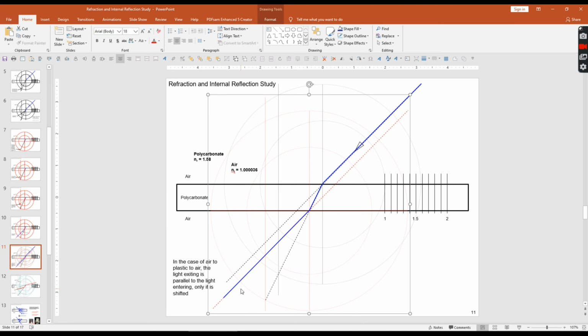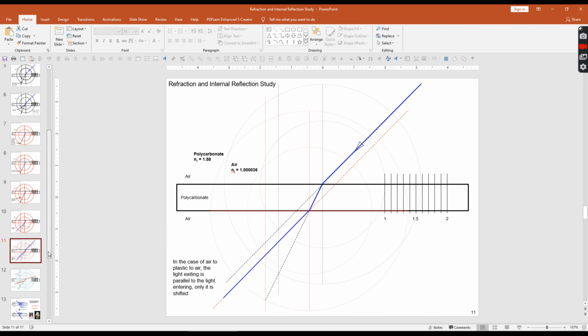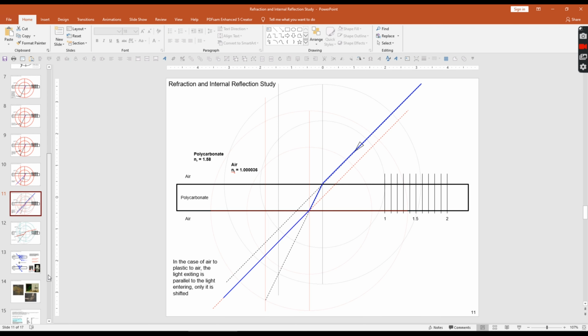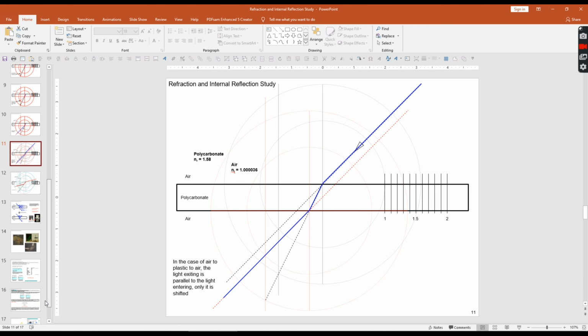So as I mentioned, if you were to do this with different wavelengths, you would see that there would be a slight split of blue and red light, and then when those come out, there'll be a slight wider split. So that gives you an idea of what the light would be doing.